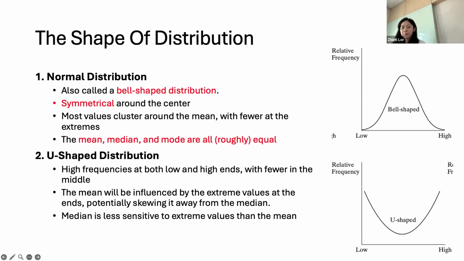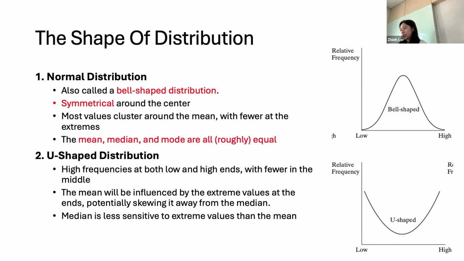You can see the peak there. The peak is the most number, maybe the number of students who answer this question. Everyone is gathering at the mean score. In this case, you can say the mean, median, and the mode are actually quite equal to each other. The second type is U shape. So it's kind of like the other way.